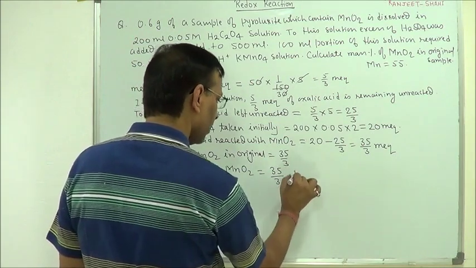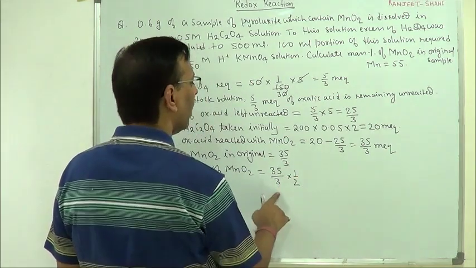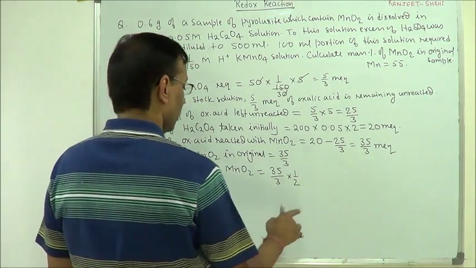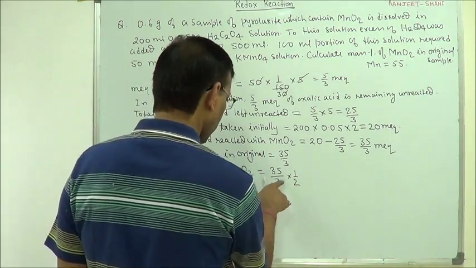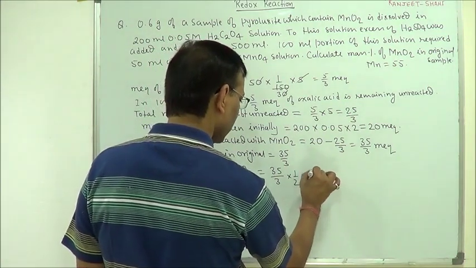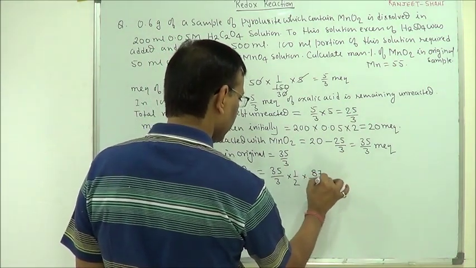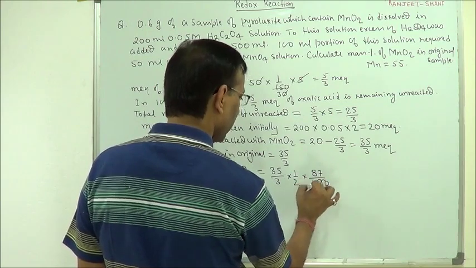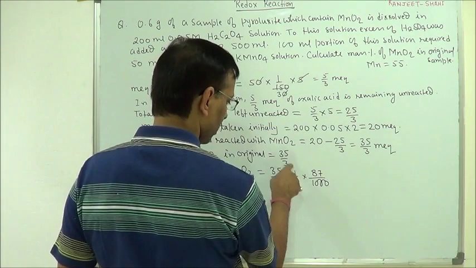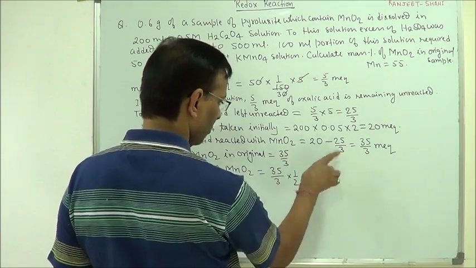For number of moles, divided by 2, n factor is 2 here. So now it is millimole into molar mass, 87 divided by 1000. Millimole, so mole by 1000 into molar mass.